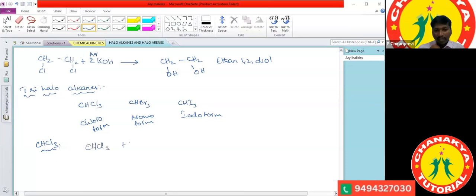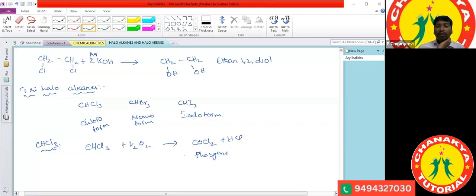CHCl3 plus half O2 forms COCl2 plus HCl, and this we call phosgene. Phosgene is highly poisonous, so due to that reason chloroform is not used as an anesthetic drug nowadays.